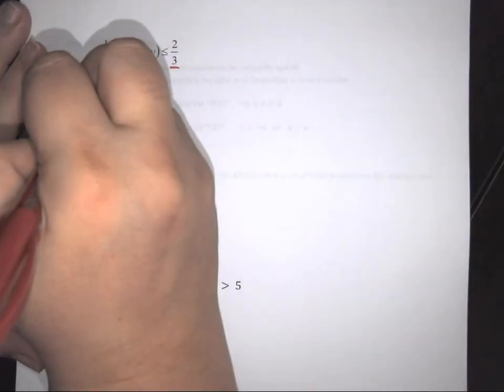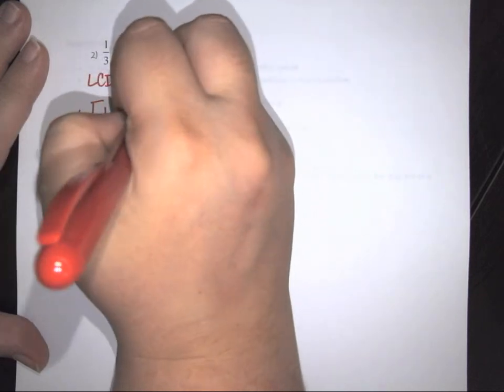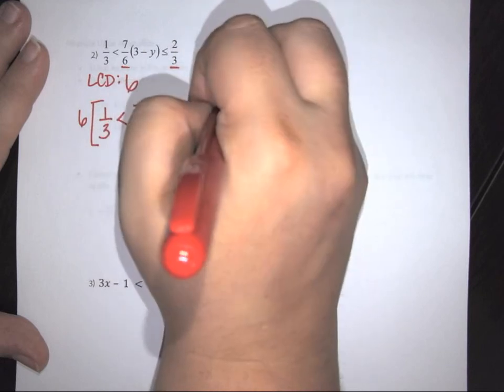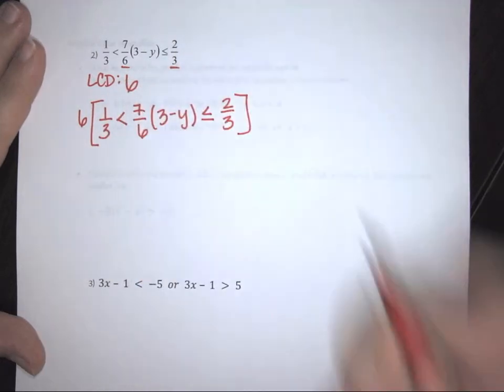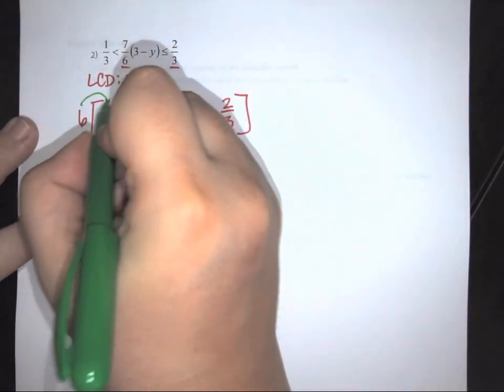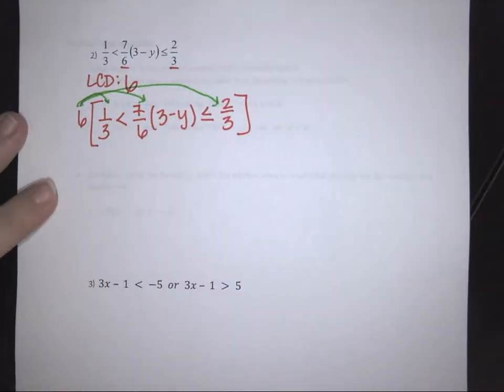So I am going to multiply my entire inequality by 6 on the outside. So this is 1/3 is less than 7 over 6 times 3 minus y is less than or equal to 2 over 3. I have to multiply all terms by my 6 and reduce.